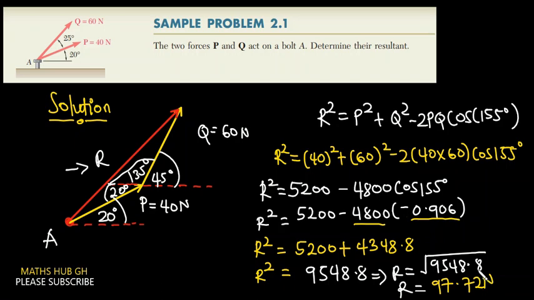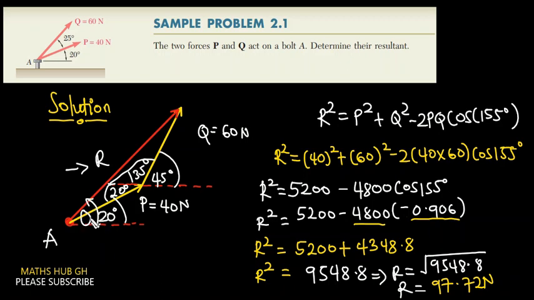So that will be the value of R. One thing you have to know is that this resultant force is at a certain angle from the horizontal axis, so you have to calculate that angle also. That angle will be the angle from this horizontal axis towards where the resultant force is.